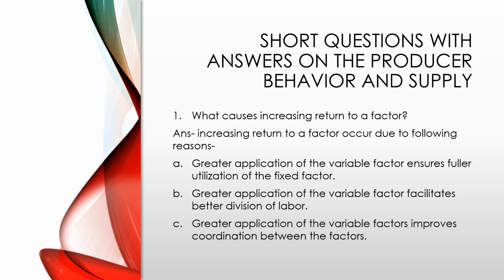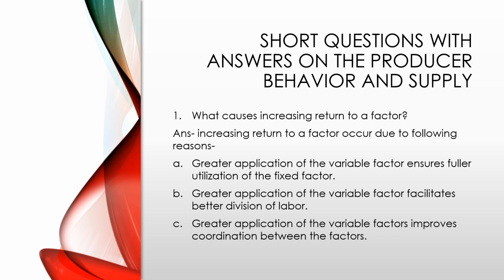That is the reason I have decided to discuss this question and how you can write the answer. See, the first is that increase in return to a factor occurs due to the following reasons. First, greater application of the variable factor ensures a fuller utilization of the fixed factor.